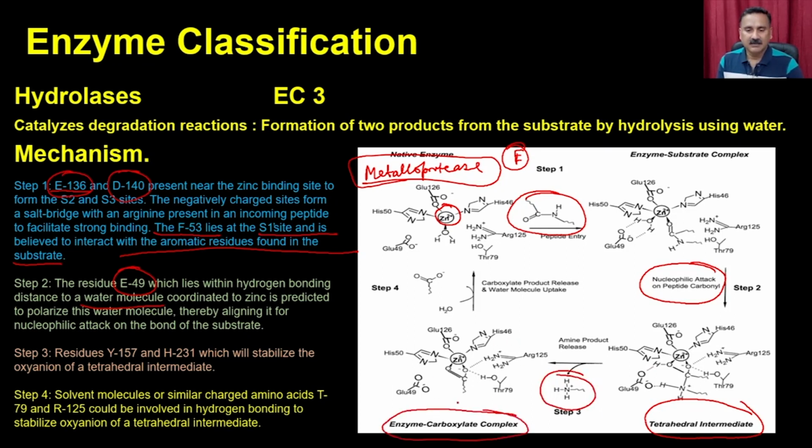And from here, the carboxylate and the water molecule are going to be released, and that's how it is going to acquire the native conformation, and that native conformation is again going to be ready for taking up a new substrate molecule.